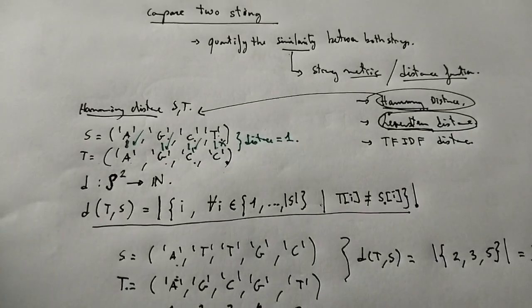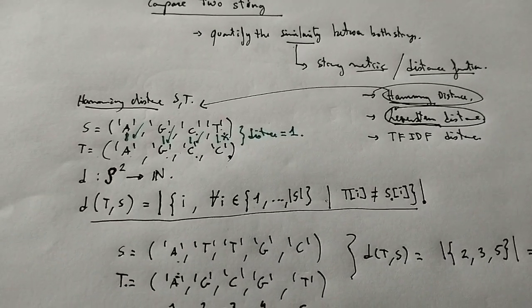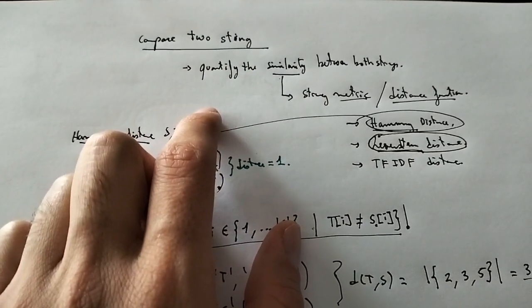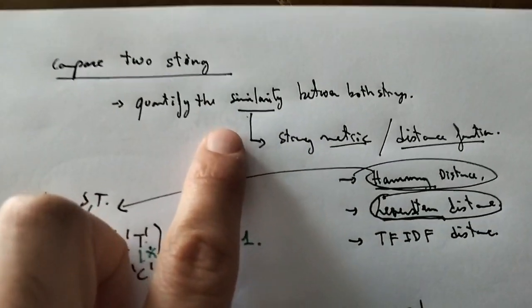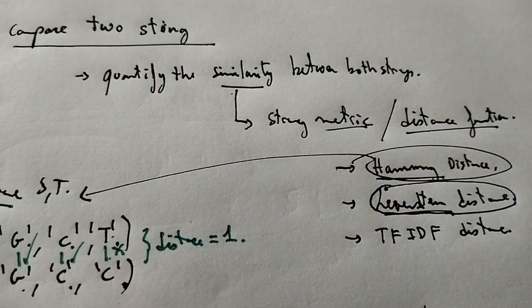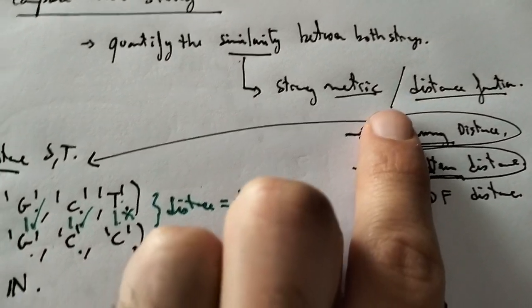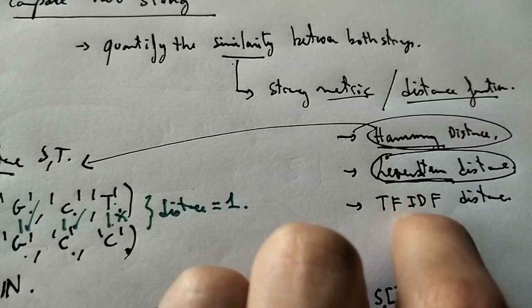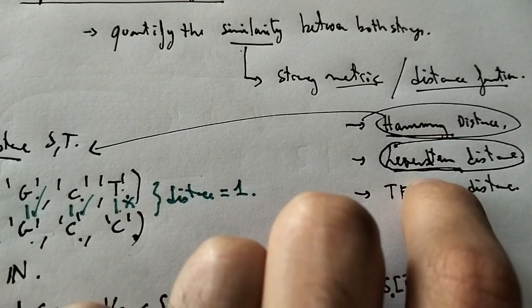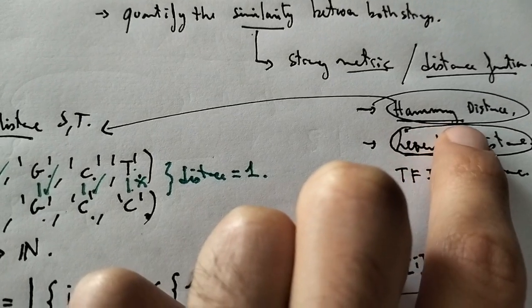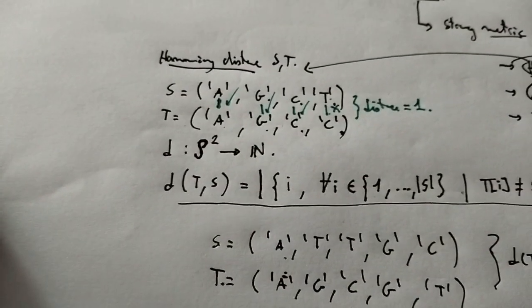In order to search one string inside another string, we have seen that we need to compare the two strings. And to do this, we need to quantify the similarity between both strings. To do this, we need to define some kind of string metric or distance function. We have seen that there are many distance functions. We have mentioned 3 of them, and we have studied a little bit the Hamming distance, which is very easy to define.